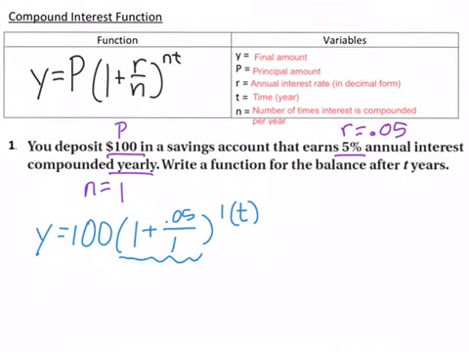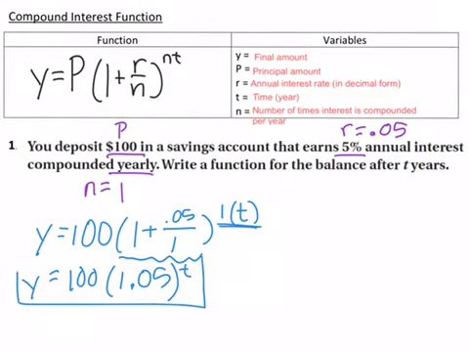So I'm going to worry about what's in the parentheses first. 0.05 divided by 1 is 0.05. So I'm just going to go ahead and add it to 1. So it's 1.05. And then I'm also going to worry about my exponent. So 1 times T is just T. So this is the function that we end up with, which looks just like a regular exponential growth function. So we see that it increases by 5%. We put in $100 primarily.